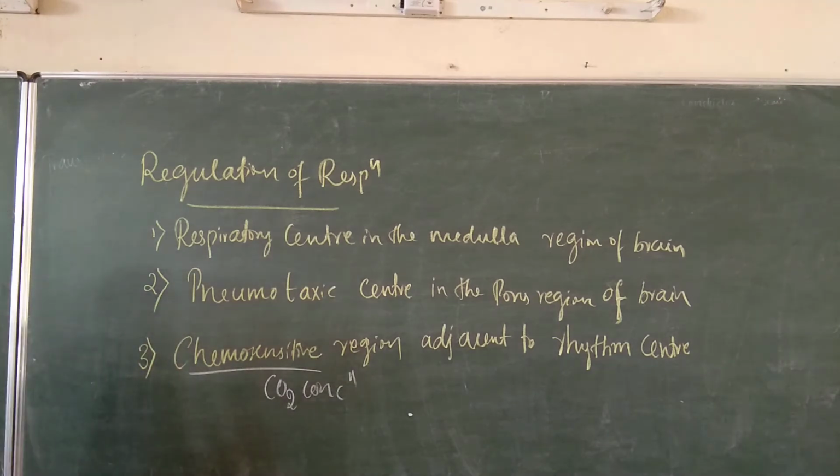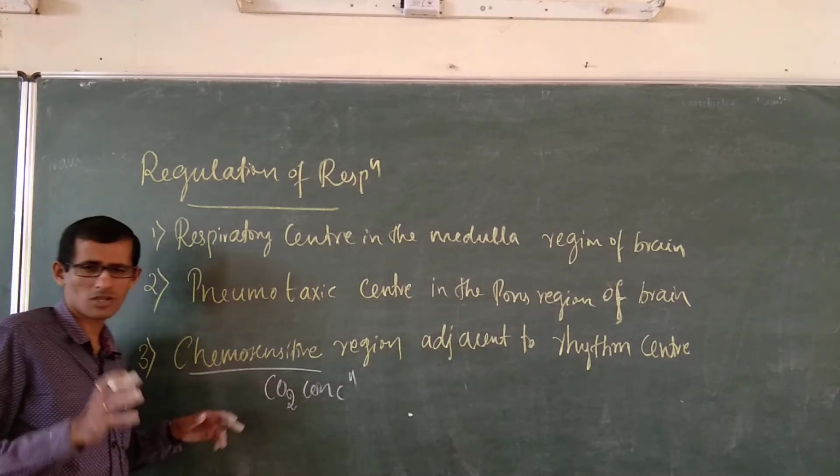So, here the chemosensitive area and receptors associated with the aortic arch and carotid artery are highly sensitive to carbon dioxide and H plus concentration and send the necessary signal to the rhythm center for remedial action by which these substances are eliminated.